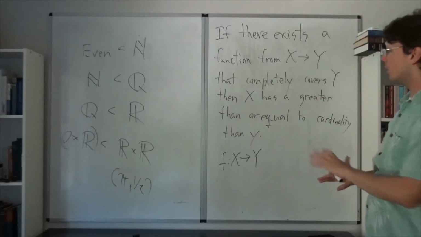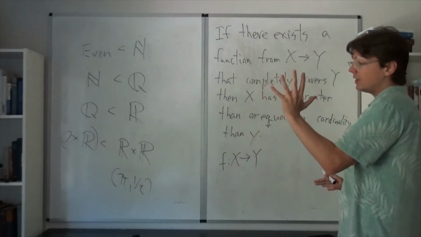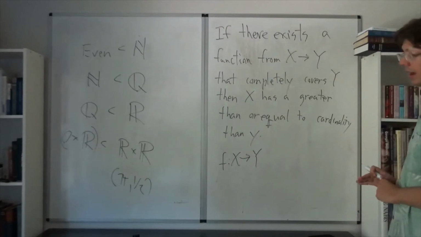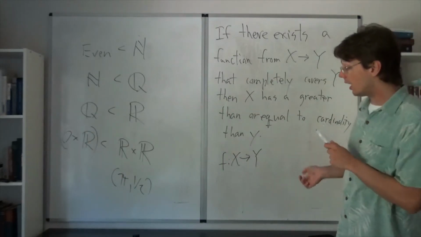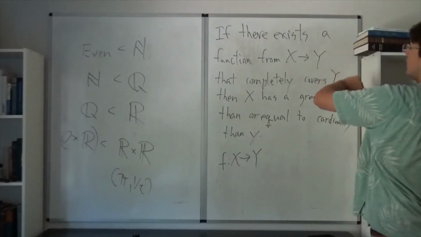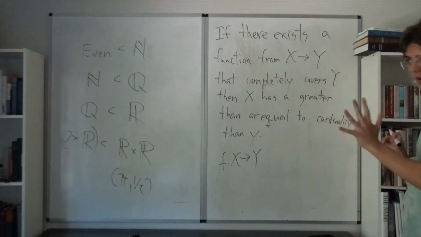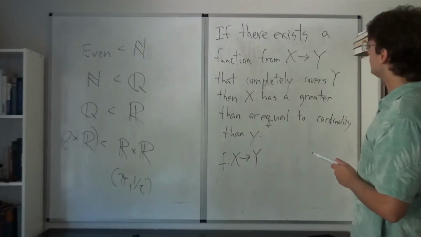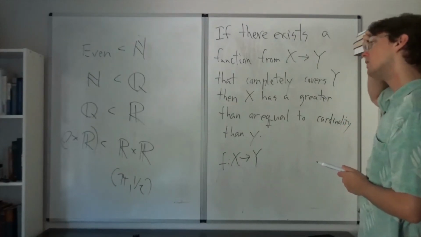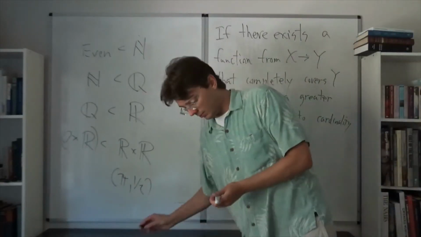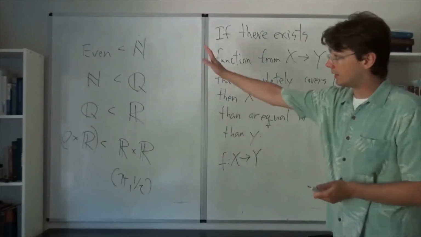Then I see, oh, the cardinality of my fingers is bigger than the cardinality of the books. But on the other side, because I cannot pair off all of the books to my fingers, then this has a smaller one. Okay? So I hope that's at least semi-clear. I'm going to now move on. I'm going to try to actually apply it to some of these guys here.